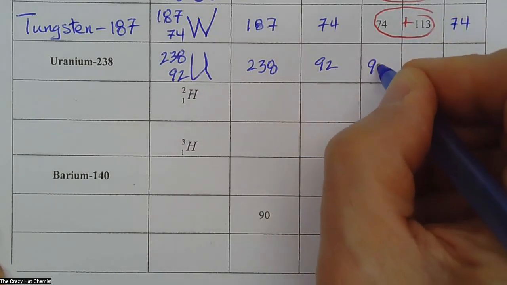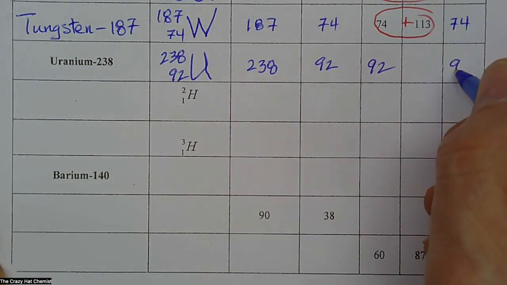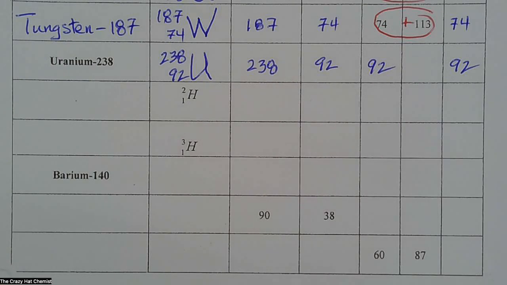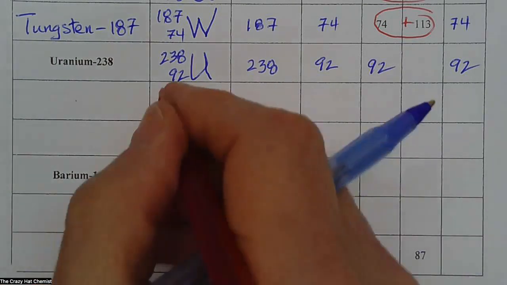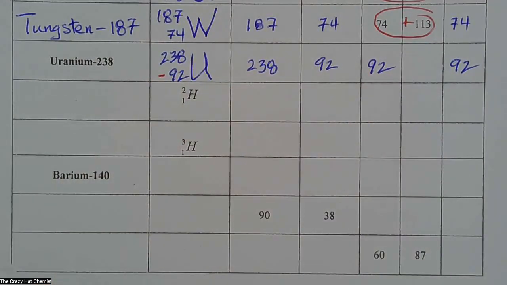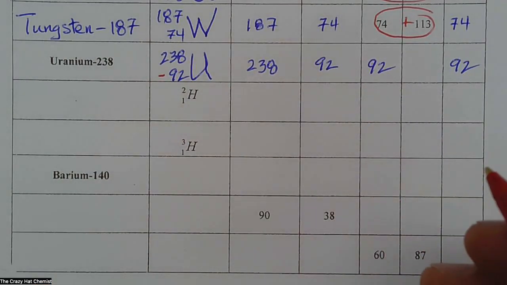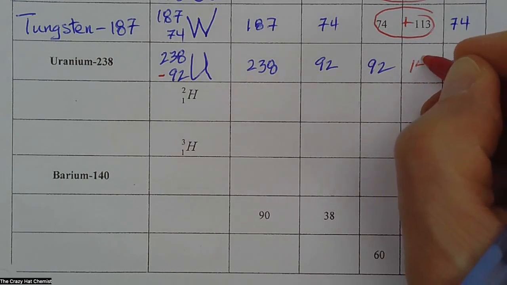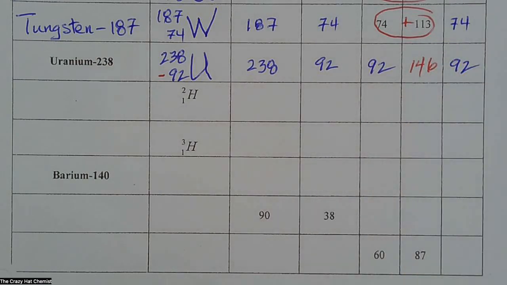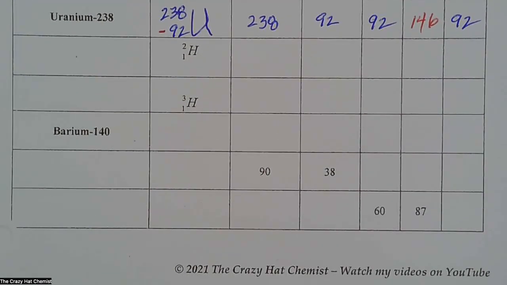The number of protons 92. It's a neutral atom, so 92 electrons. And I'm going to take 238 minus the 92. That is, I'm going to take away the atomic number from the atomic mass, and that will give me the number of neutrons, which is 146. Perfect. All right. Let's keep on going here.